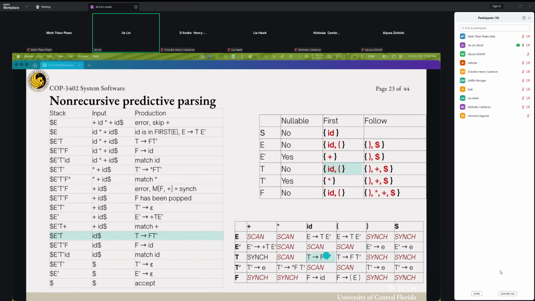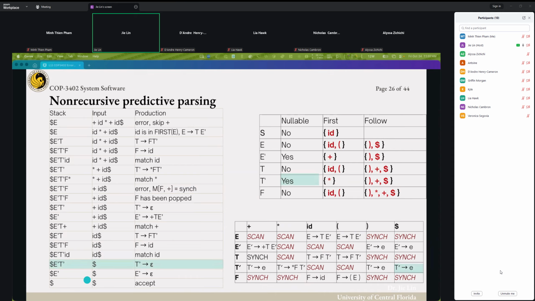That's the one we are looking for, and we push onto the stack T prime and F. Now ID is the one we're dealing with, and F is the one we're expanding. ID is in the first of F. It means expansion based on this table will be F is ID. Now we have ID matching ID, pop, advance.